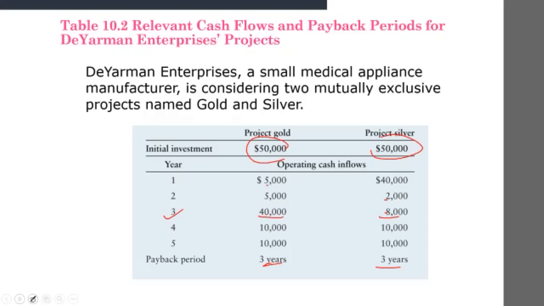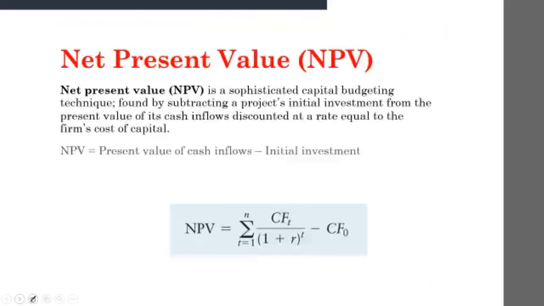So what will we do? Let's look at another capital budgeting technique called net present value. The NPV, for short, is a sophisticated capital budgeting technique found by subtracting the project's initial investment from the present value of the cash inflows discounted at a rate equal to the firm's cost of capital.